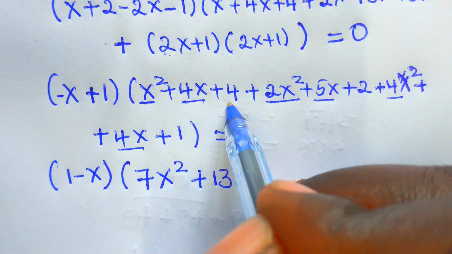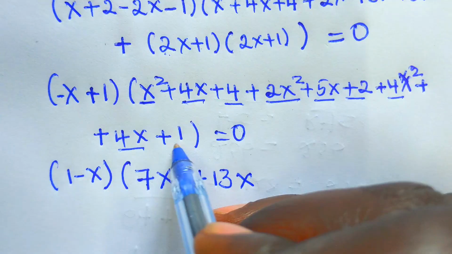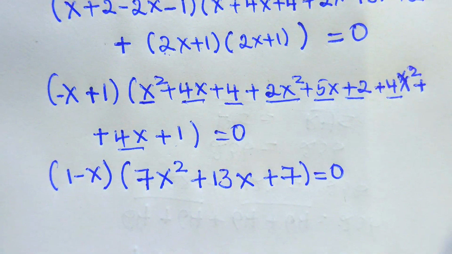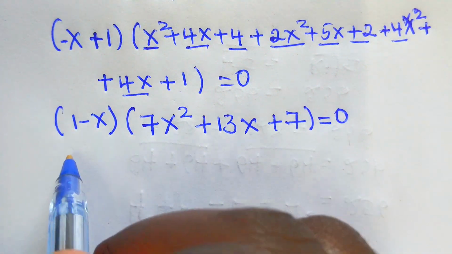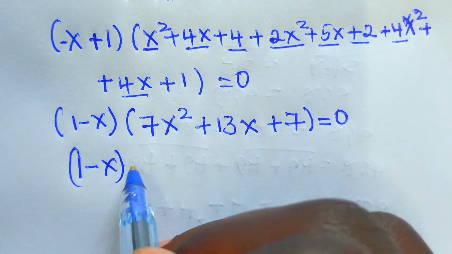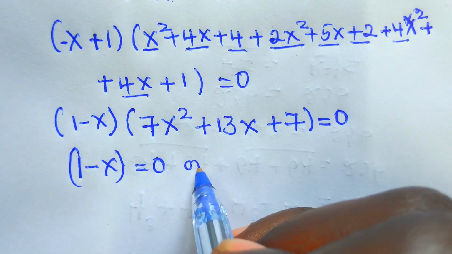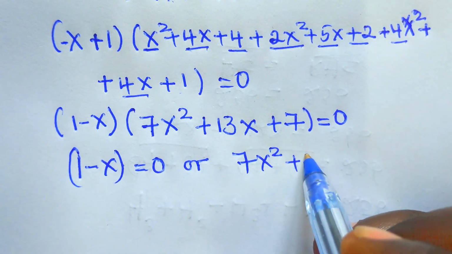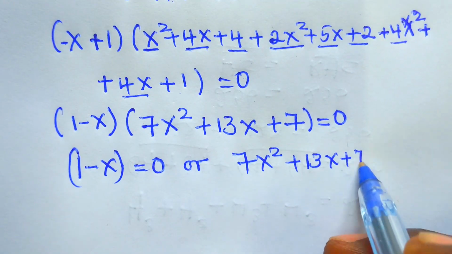So 4 plus 2 plus 1, this will be plus 7, will be 0. So at this stage, you have to equalize to 0. We have 1 - x = 0, or 7x^2 + 13x + 7 = 0.